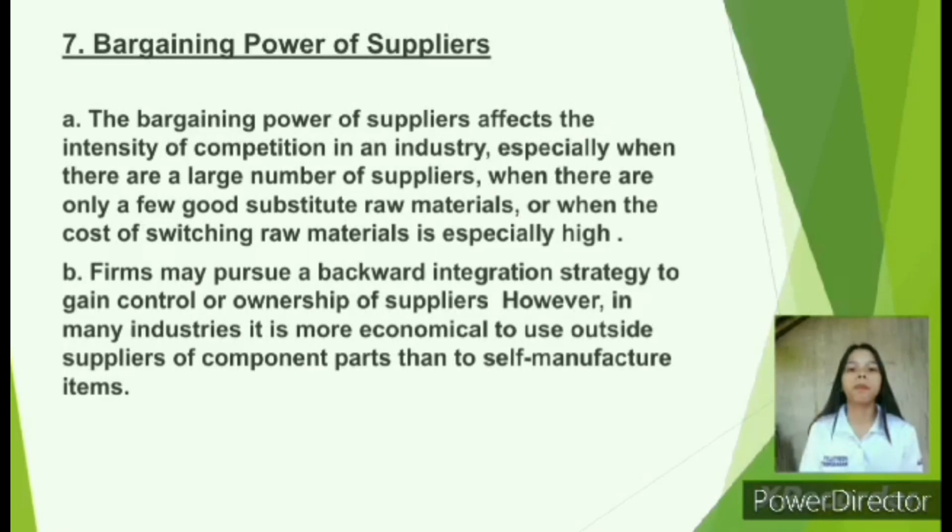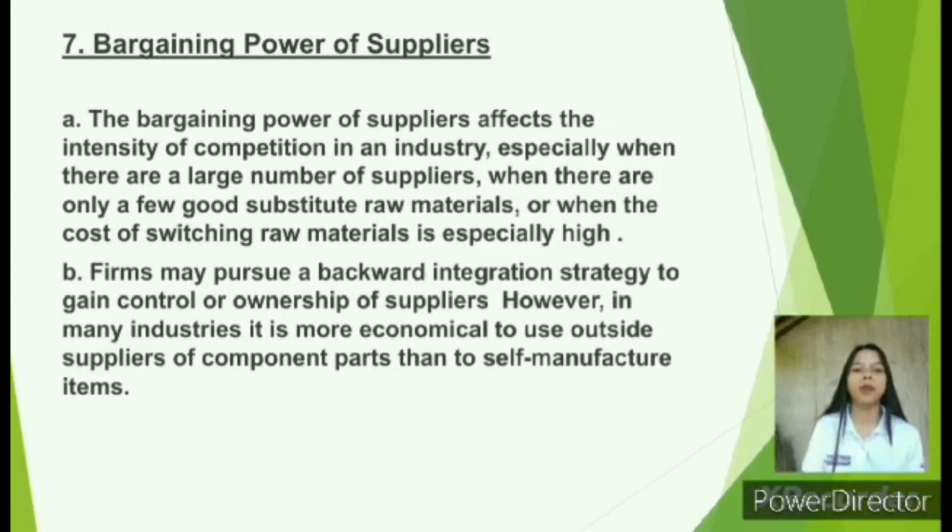So number 7 is bargaining power of suppliers. The bargaining power of suppliers affects the intensity of competition in an industry, especially when there are a large number of suppliers, when there are only a few good substitute raw materials, or when the cost of switching raw materials is especially high.